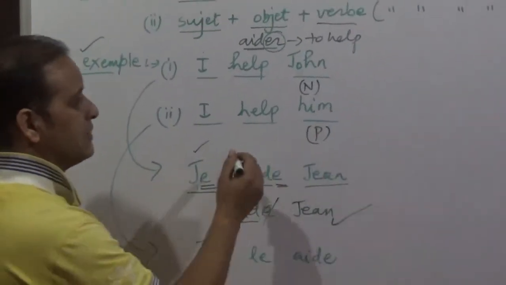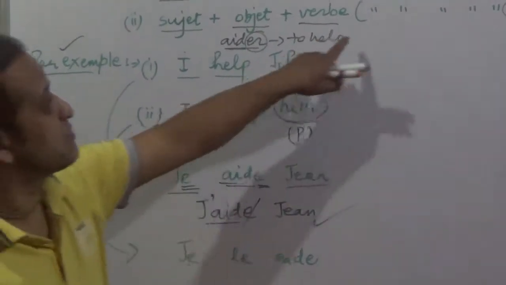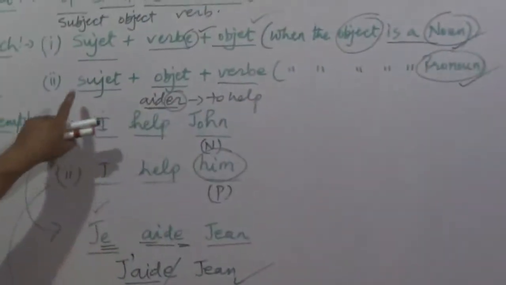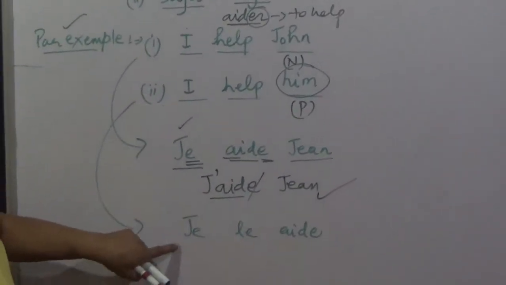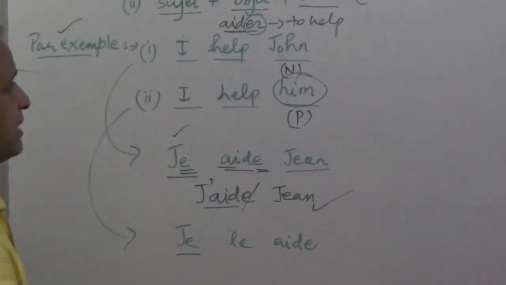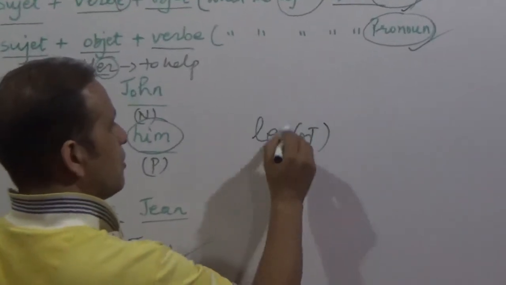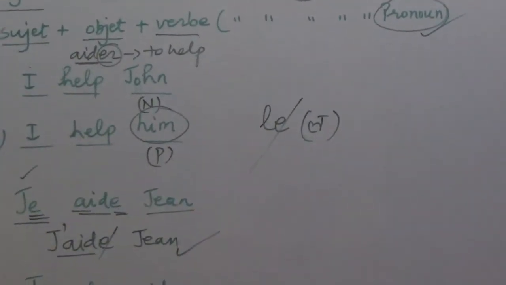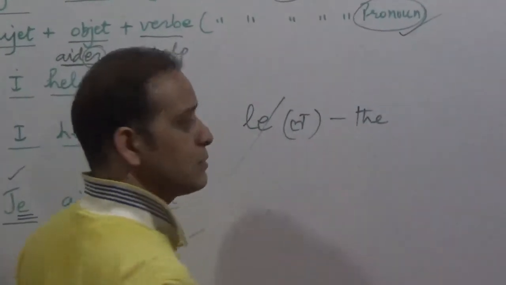I help him. Here the object is him, which is a pronoun. If the object is a pronoun, then they follow the Hindi pattern. That is sujet, that is je, and then objet. Here I want to tell you one thing. We pronounce it as le because in French the last e is mute. So le has three meanings.